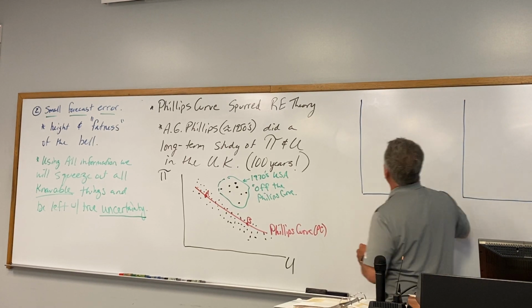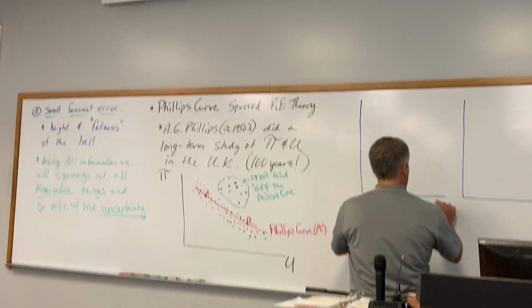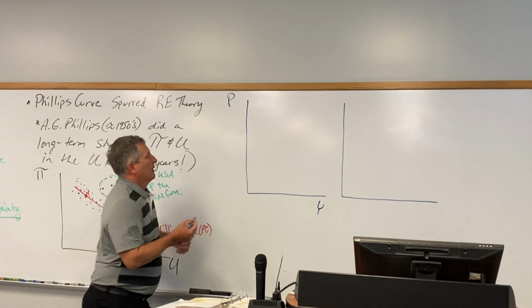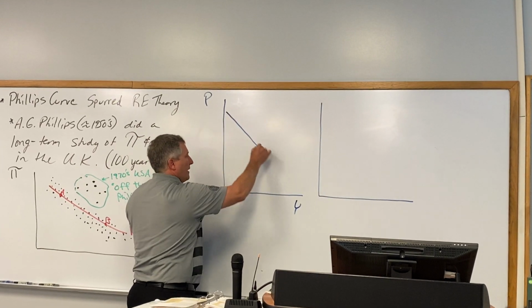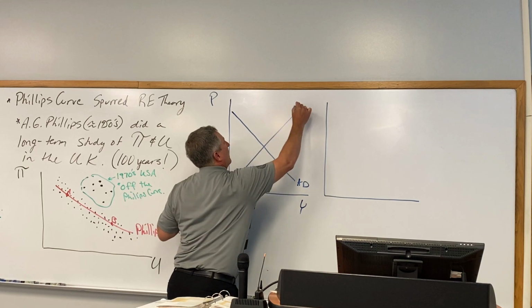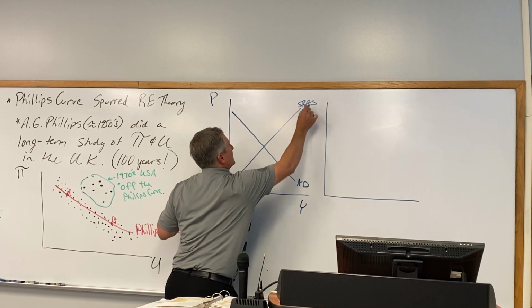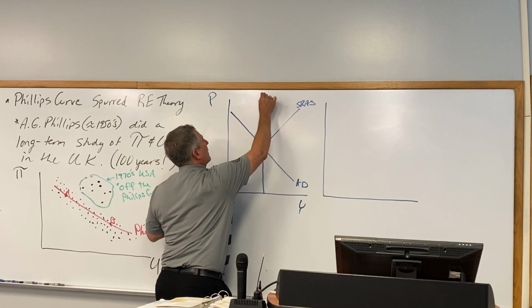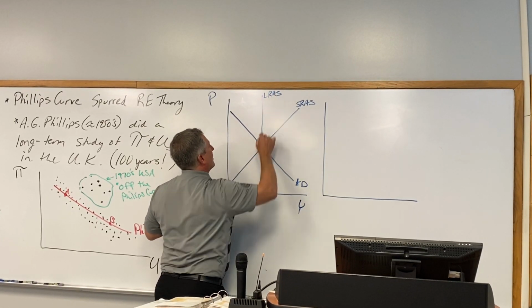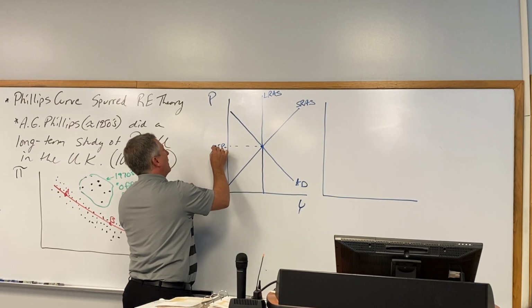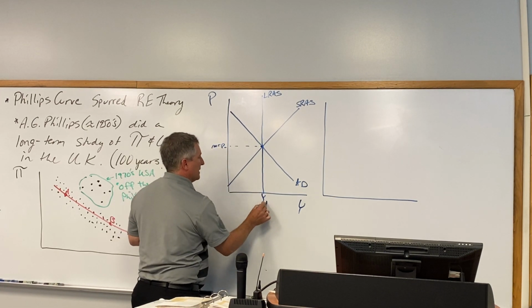So get yourself down a good graph here. So the one to the right is going to be our normal aggregate demand, aggregate supply model starting in a long run equilibrium. And let's just say at a price level of 100 to keep the numbers easy.